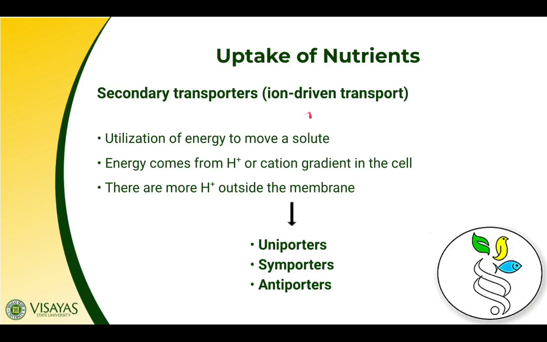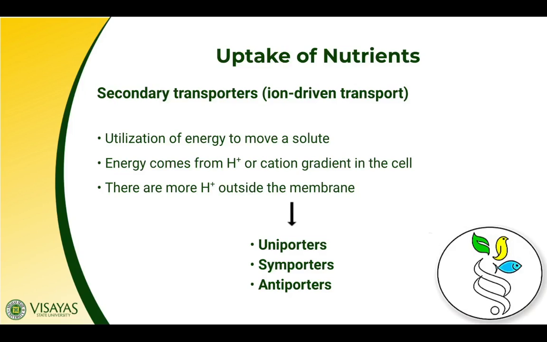So if there are more protons outside the cell, that creates a proton gradient, and that will enable the proton to be transported inside the cell. So together with the proton, a certain solute, a certain nutrient, could be taken up by the cell.